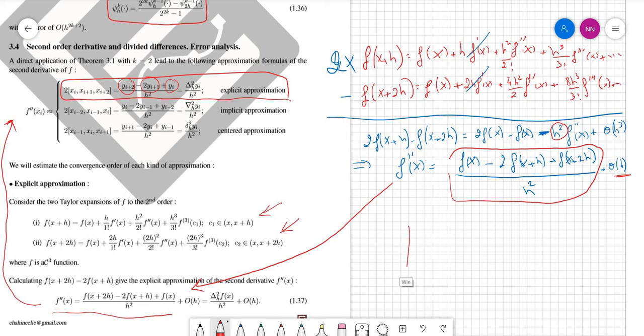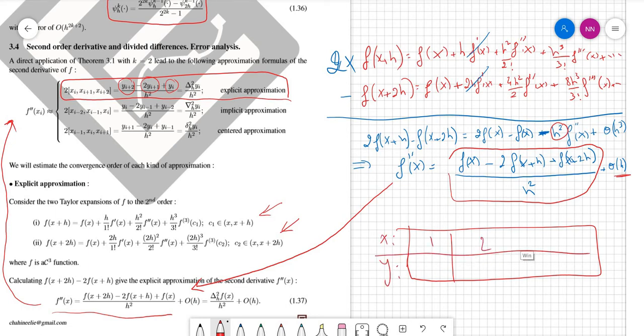In other terms, if we take an example, if we have xi and yi, 1, 2, 3, 4, whatever, and then 3, 5, 6, 8.